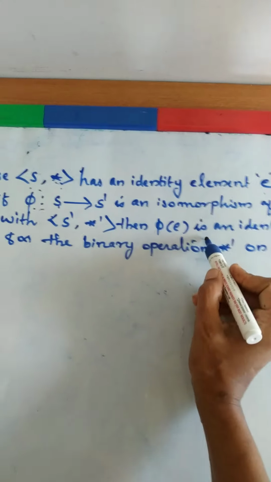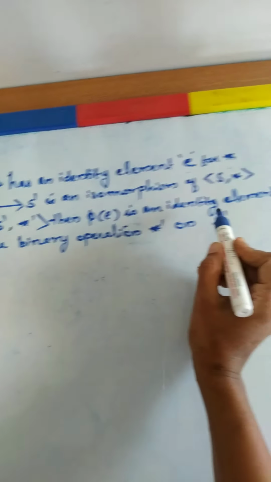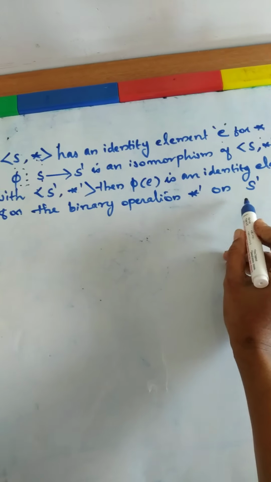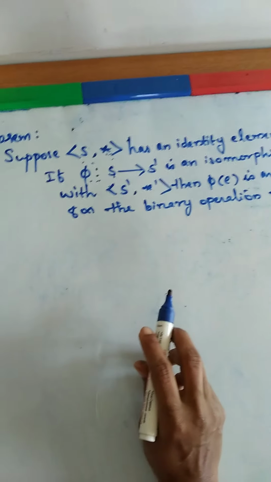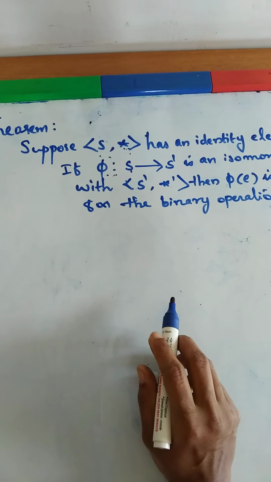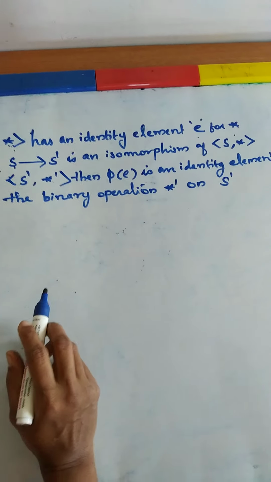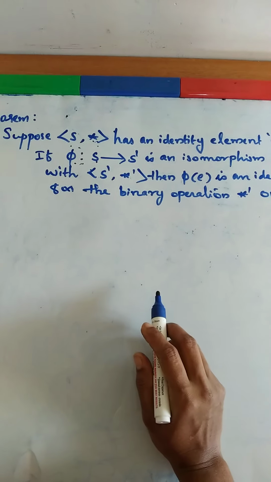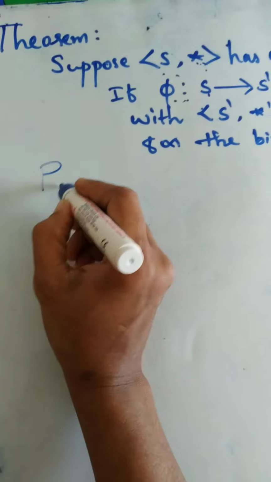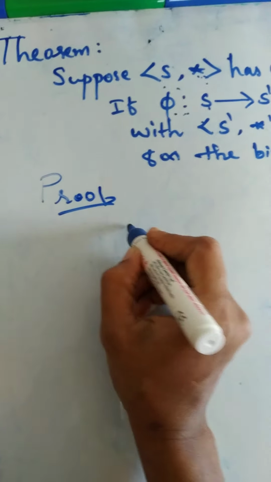We need to show that phi of E is an identity element for the binary operation star dash on S dash. Everybody knows the idea of identity element. So to prove phi of E is an identity element in S dash, what do we need to prove?